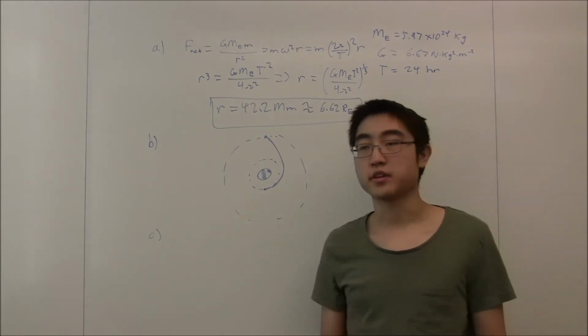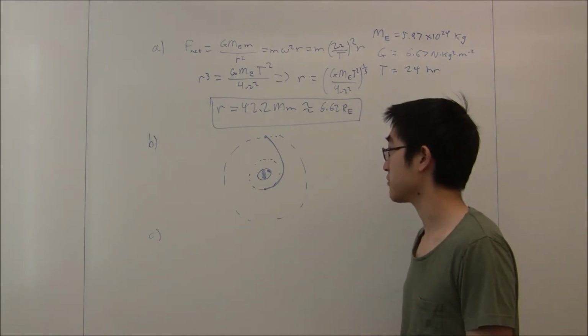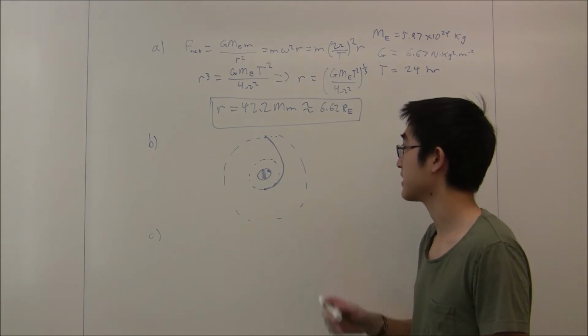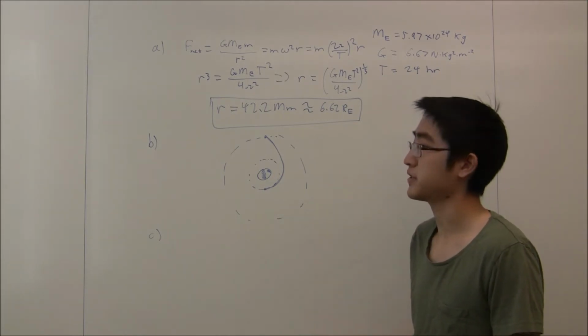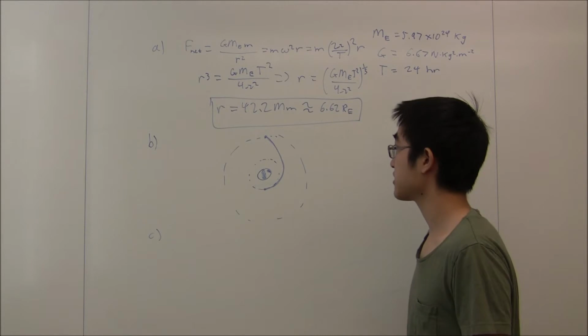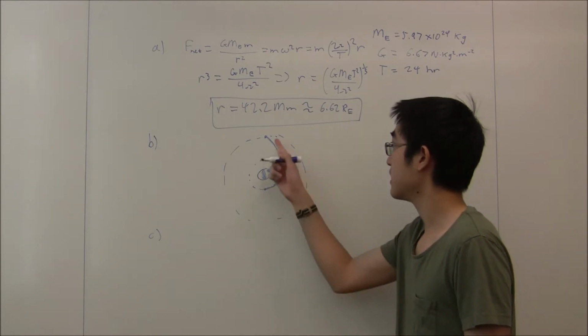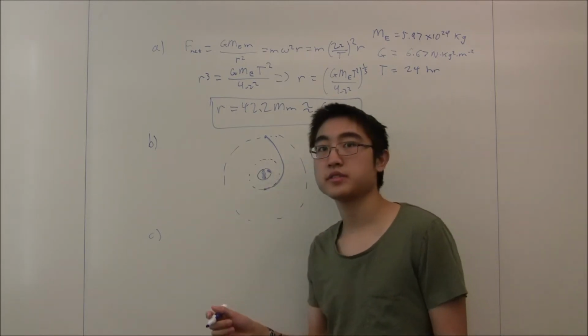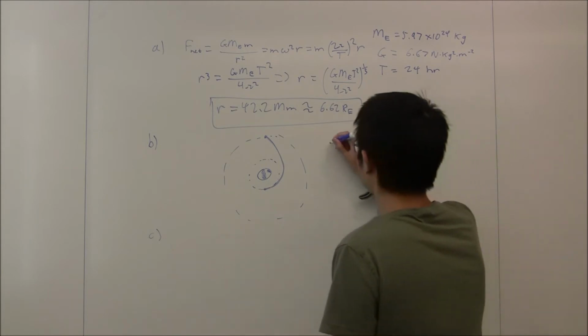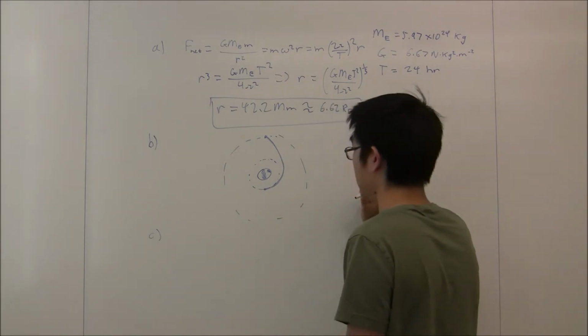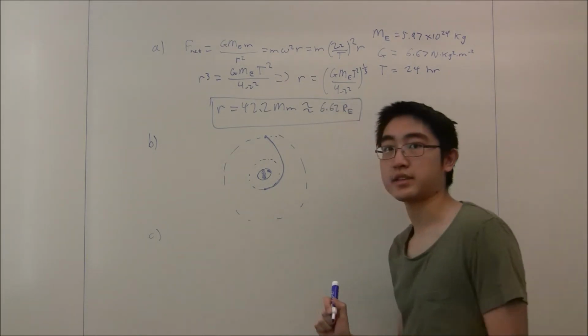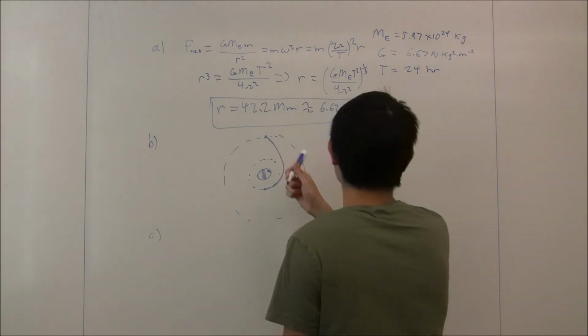So now for part C of the problem, we're asked to find the time it'll take for the satellite to complete its transfer orbit. So that's just going to be half the period of the elliptical orbit that it travels in. So first let's calculate the length of the semi-major axis of its elliptical orbit.